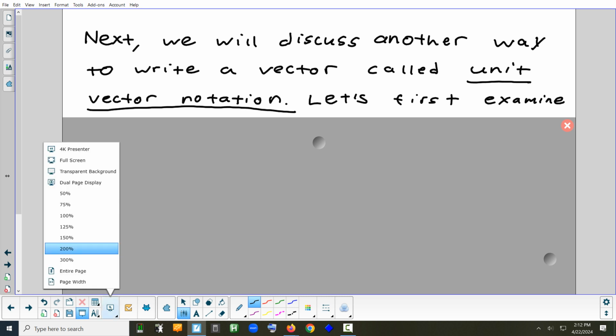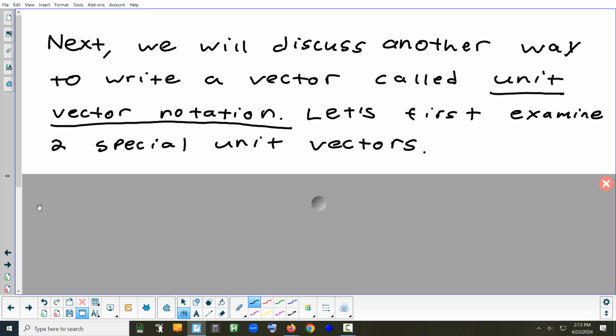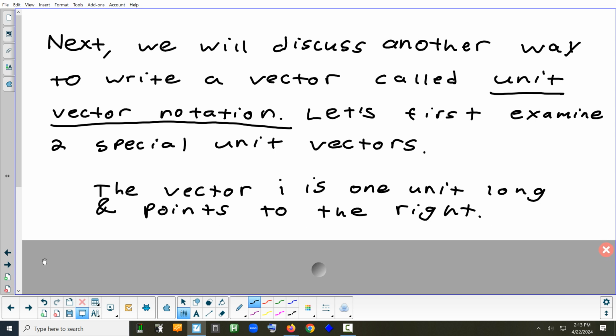Now, what did we say about unit vectors? What's special about them? They have a magnitude of 1. Yep. So we're going to look at two special unit vectors. The first special one is called I. It has nothing to do with an imaginary I, it's just the vector I. I is a special name with vectors.